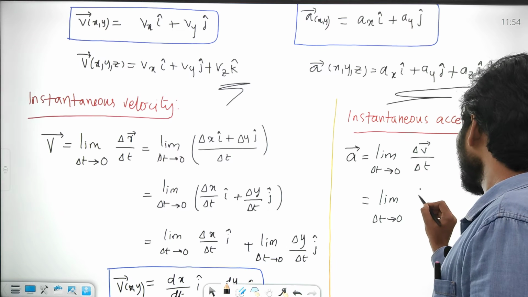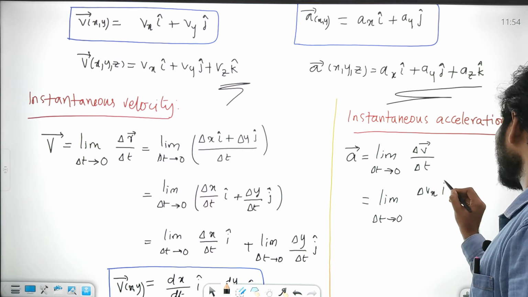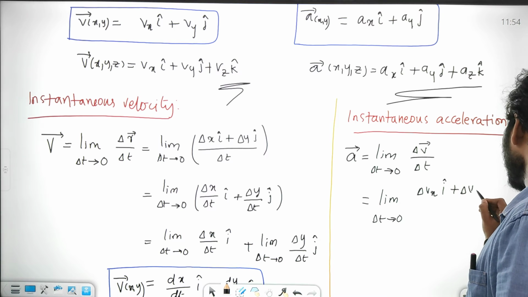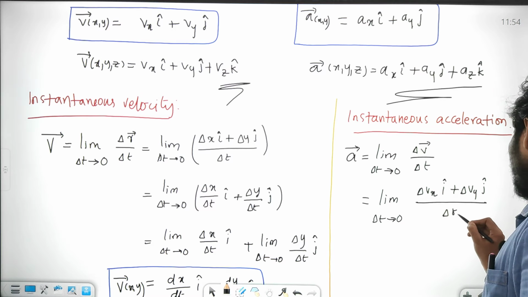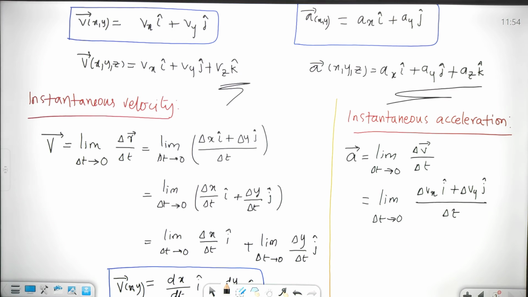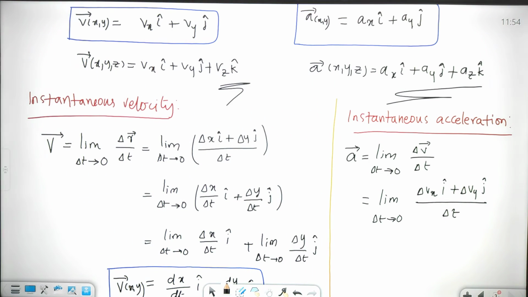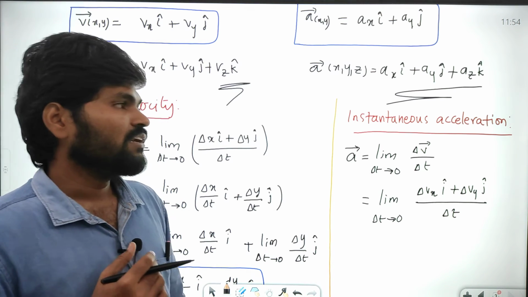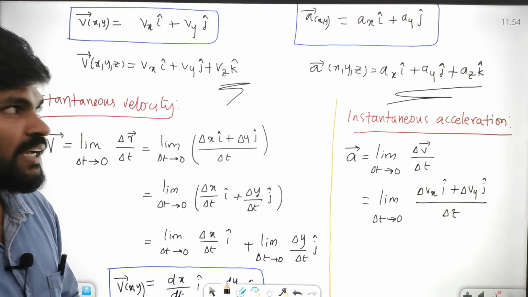What is delta v? Delta v is delta vx i cap plus delta vy j cap, divided by delta t. Then you will get the answer in terms of dv by dt, that is the instantaneous acceleration vector. Hope you understand.